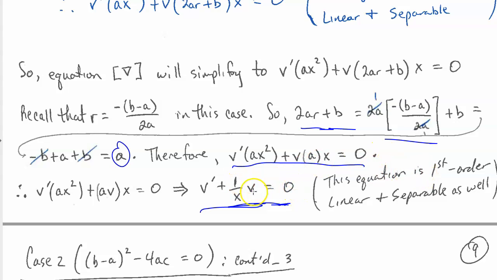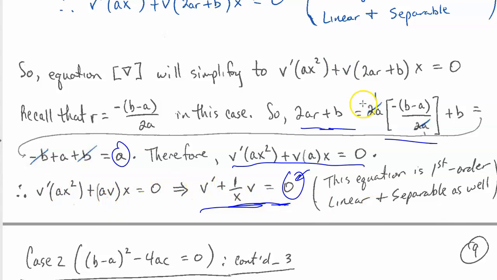It can be linear because this has the form of a standard first order linear equation. But normally when we talk about linear, this particular expression here is not 0. Okay. But a separable equation is really just a first order linear equation where this right hand side term is 0. That's really all it is.